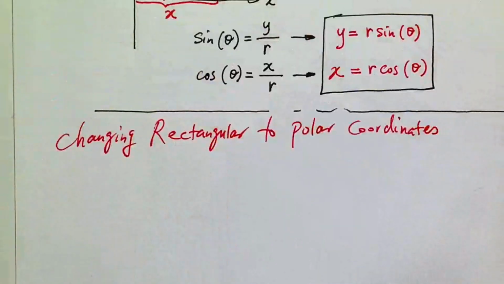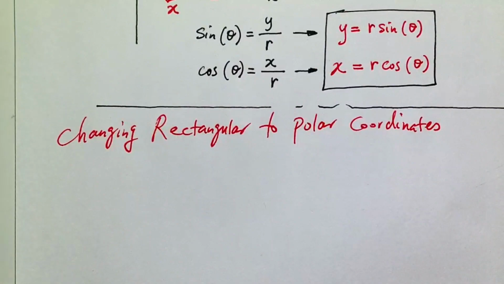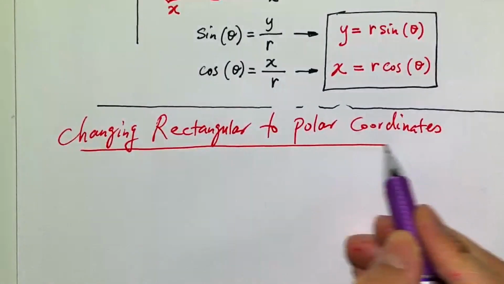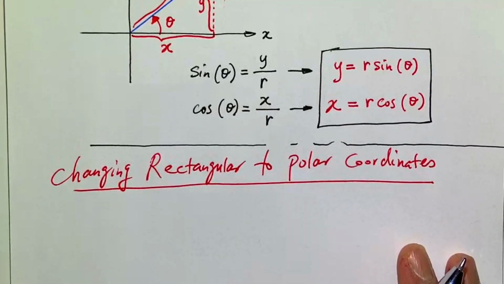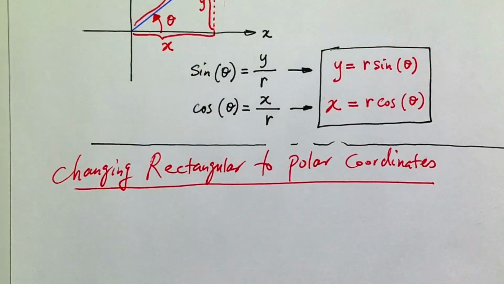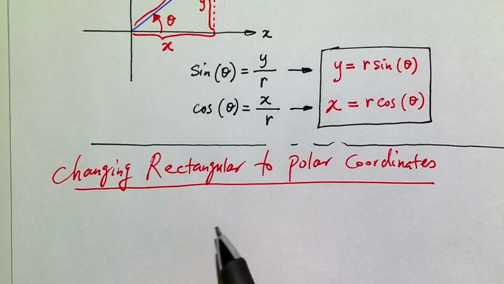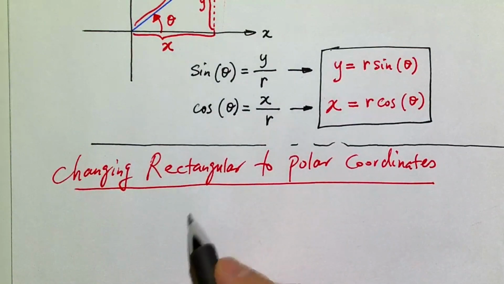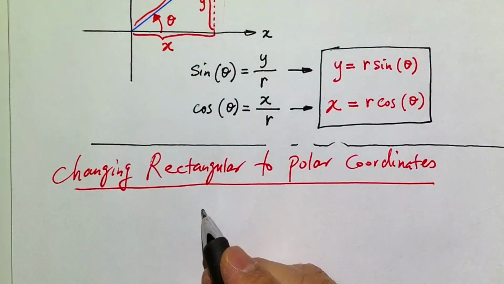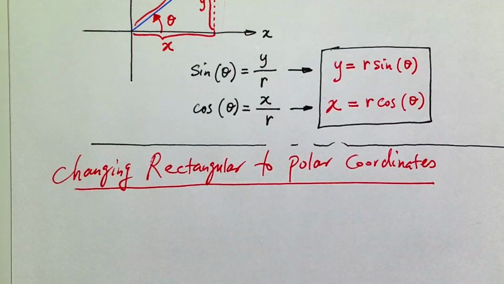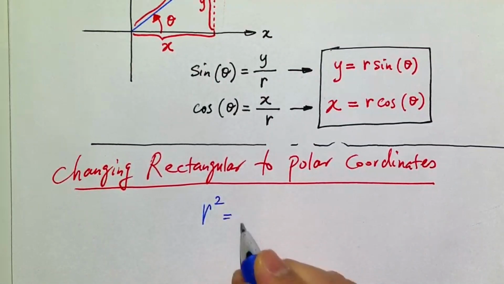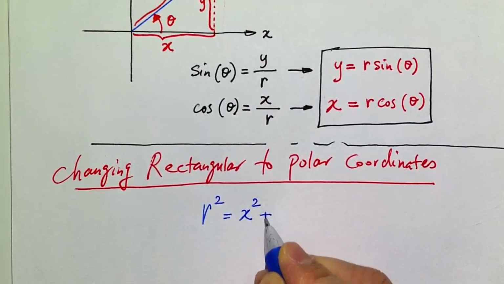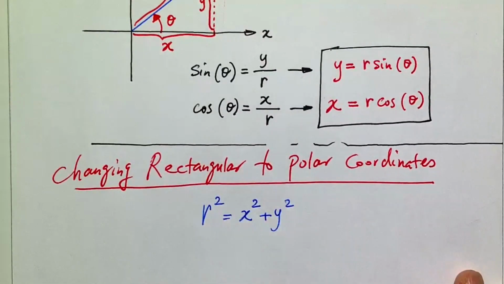We have formulas for this too. So for this, we have r squared this time. So this is what we have to remember. R squared, I want to use my blue ink here. R squared would be equal to x squared plus y squared, right?